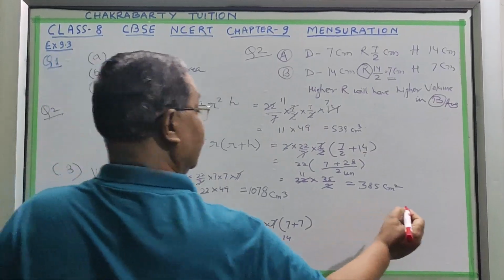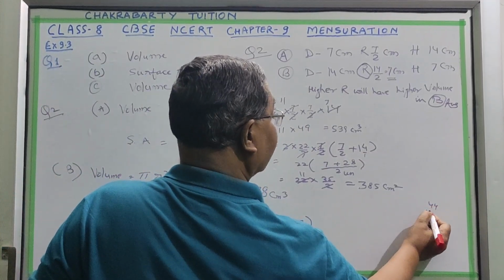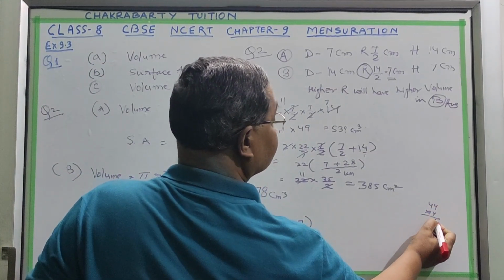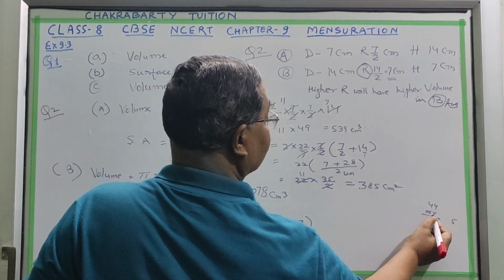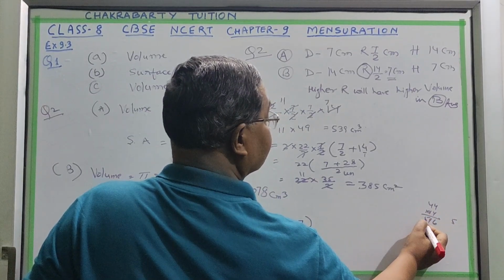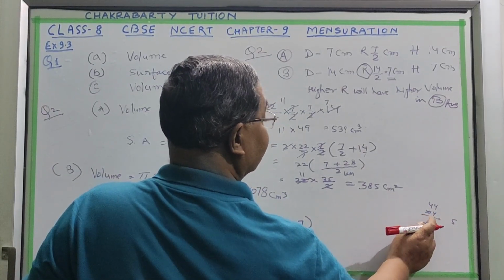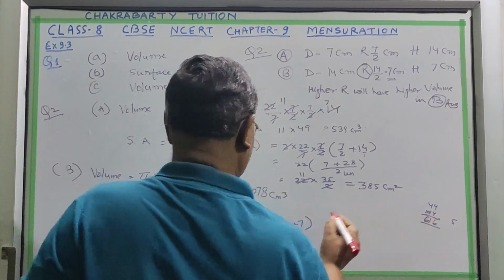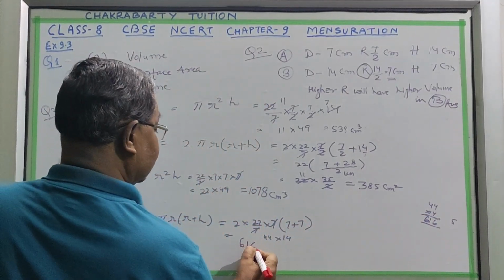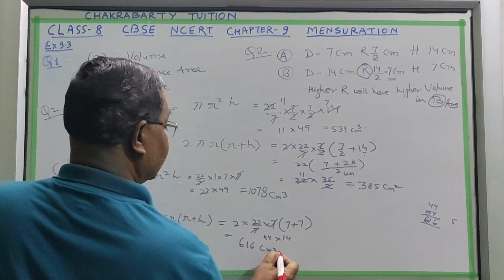In the rough we can multiply 44 into 14. So it will be 616 cm square.